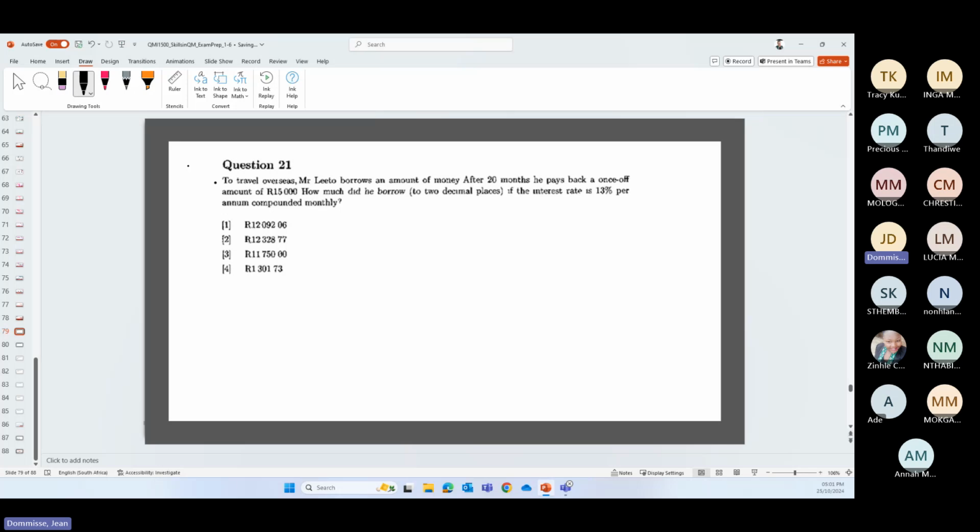Okay, so the first one that we're looking at is something that is compounded monthly. So we need to use some kind of compound interest, but let's look at the question.